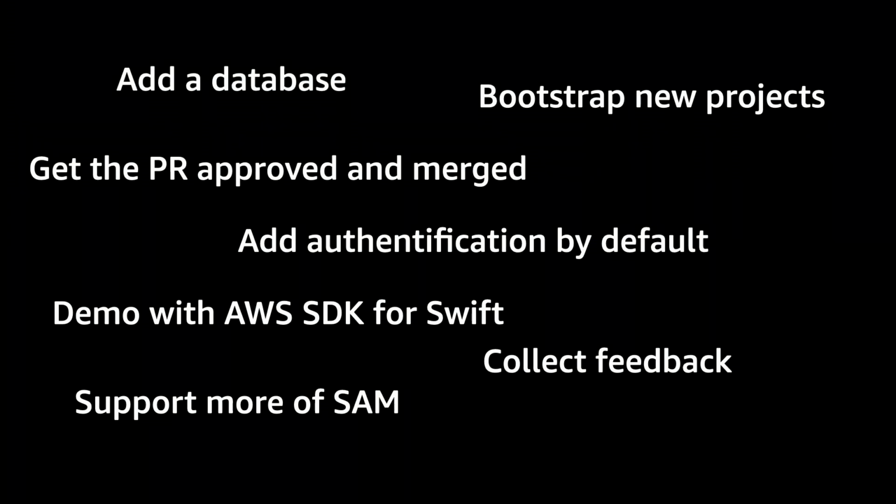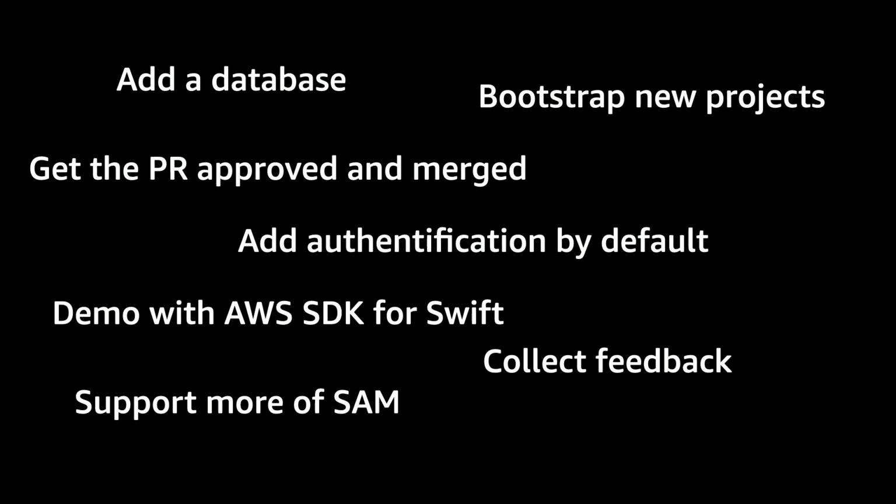But I have tons of other ideas, like making it more SAM compatible. Right now, it implements a subset of what SAM can do, like functions, queue, HTTP API, part of HTTP API, environment variables, basically all the stuff I showed there. But SAM can do much more, so we probably need to add more Swift constructs for SAM into that as well.